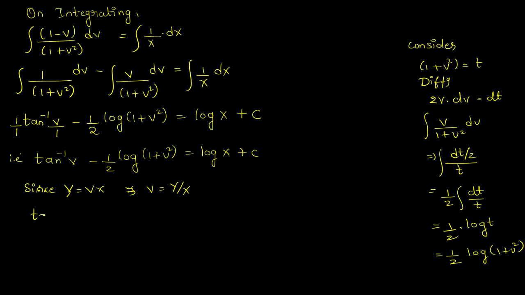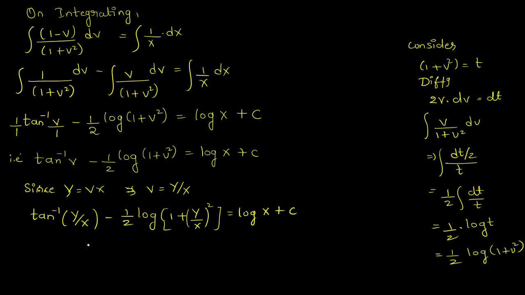So therefore we get tan inverse, yes it is capital Y over capital X minus 1 over 2 log of 1 plus v, which is again y over x whole square, equal to log of x plus c.